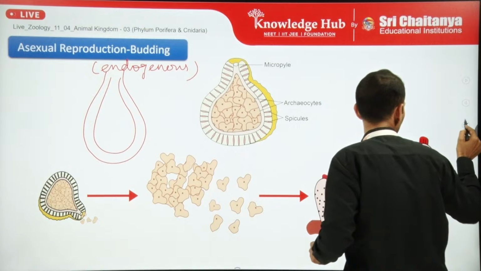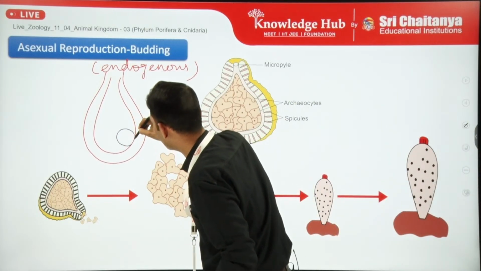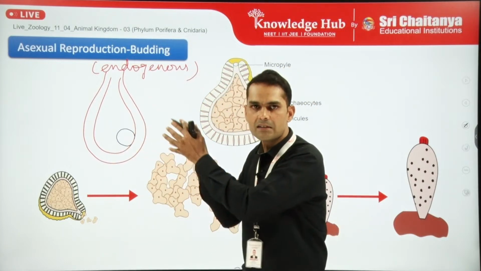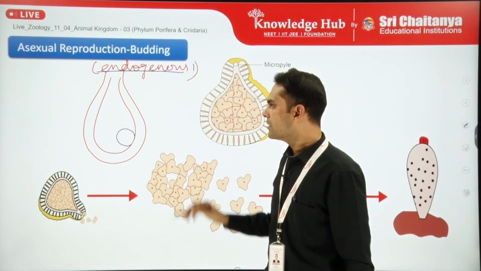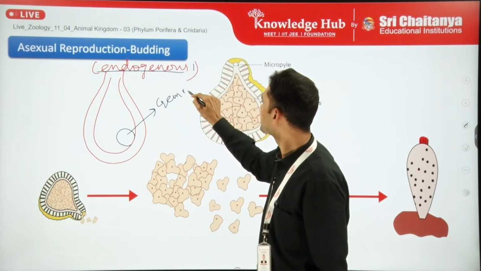Here we can see that there is a small bud or outgrowth developed towards the cavity. Since it is developing towards the cavity, that means inside the body, we term it endogenous budding. So this bud is also called a gemmule.